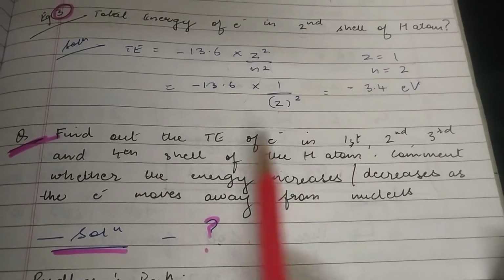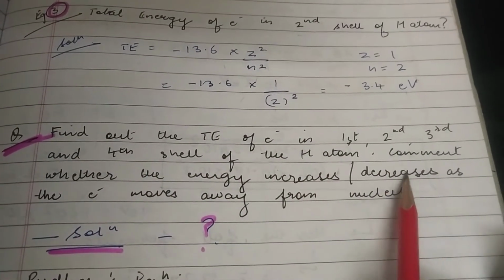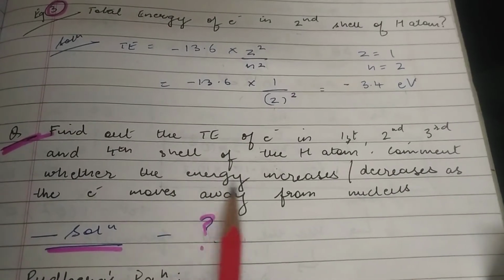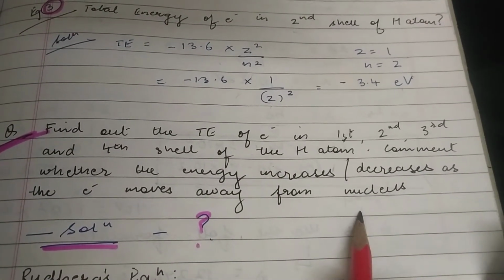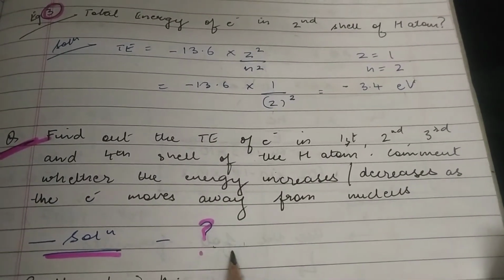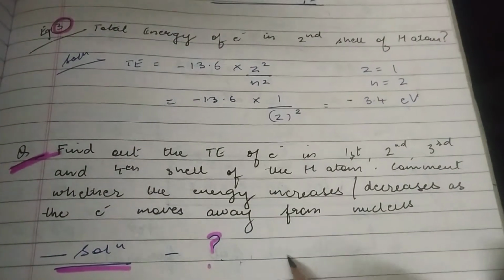You also have to comment whether the energy is increasing or decreasing as you move away from the nucleus. Having watched the video, I give you 1 day to solve this and send it back to me.